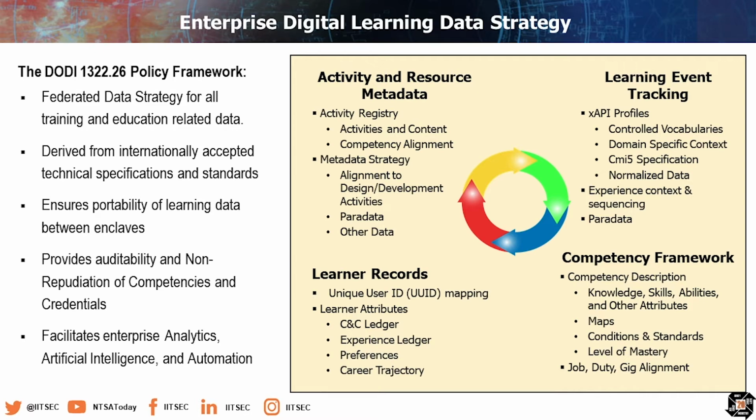Lastly is the learner records. And again, the learner records are the summative conclusion of evidence that was collected and processed. So the evidence is in the form of that learning event tracking.